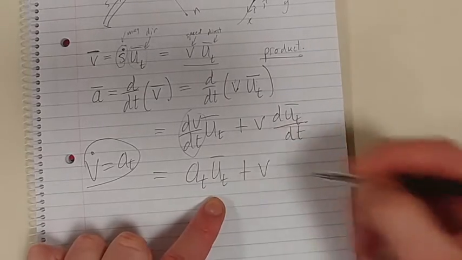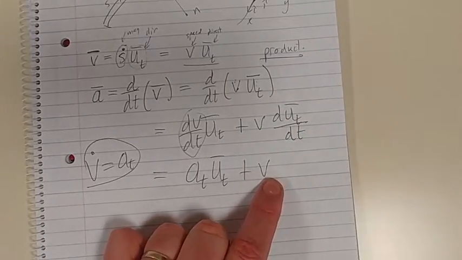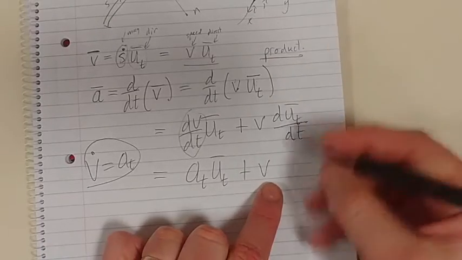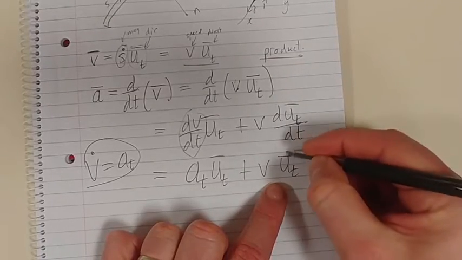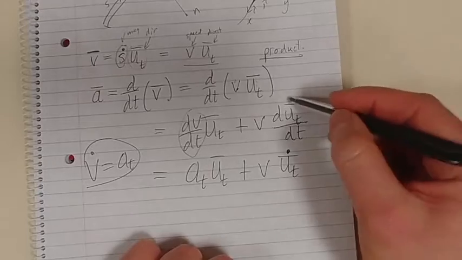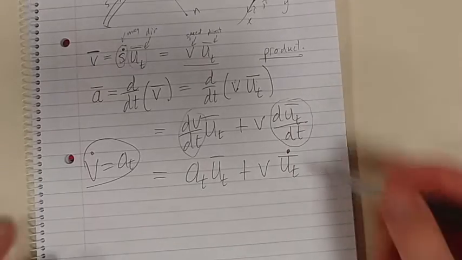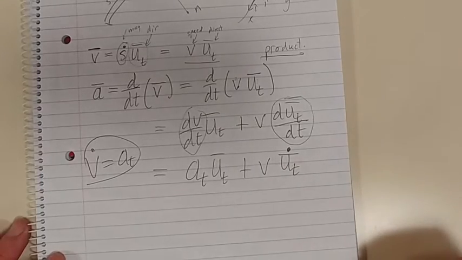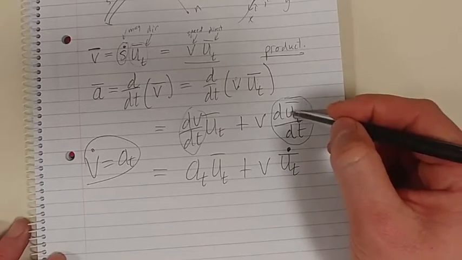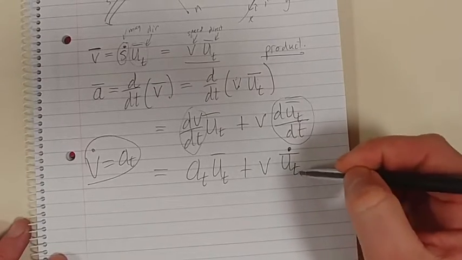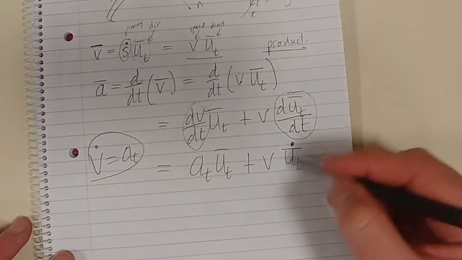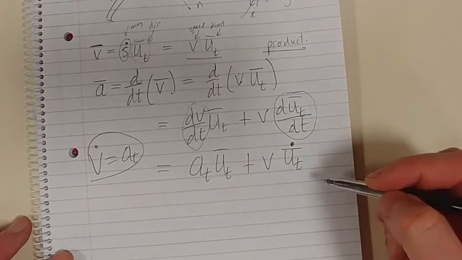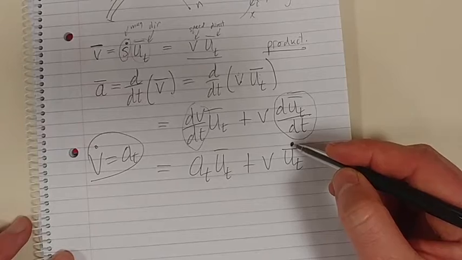But what do we have here? Sorry, we have v times ut dot. This is perhaps something that you've never seen before. It is the change in the direction. That is ut dot. That means the change in the unit vector in the tangential direction. Okay?